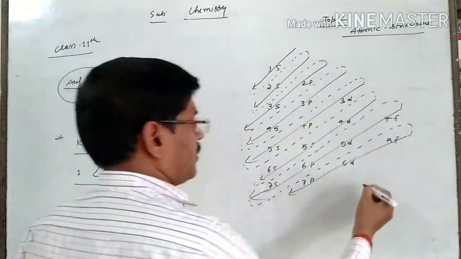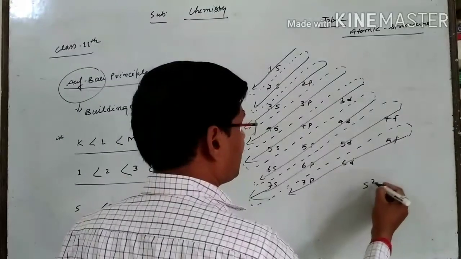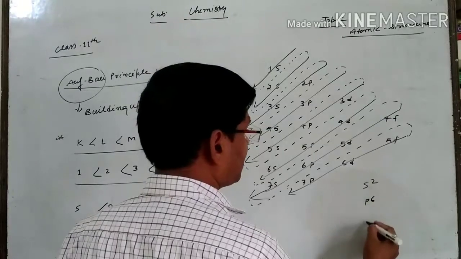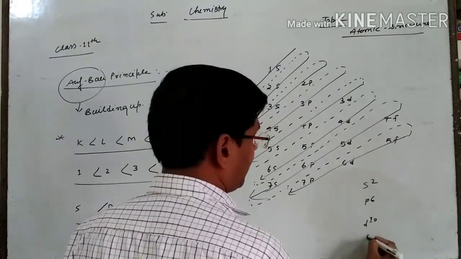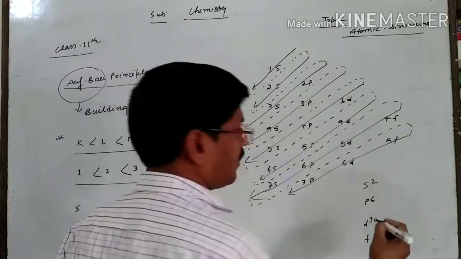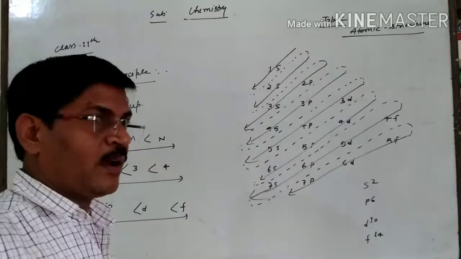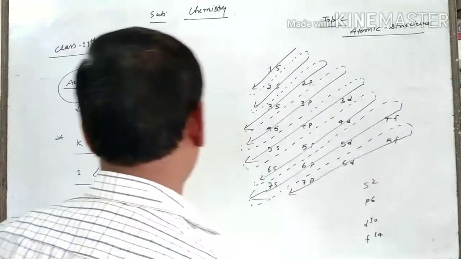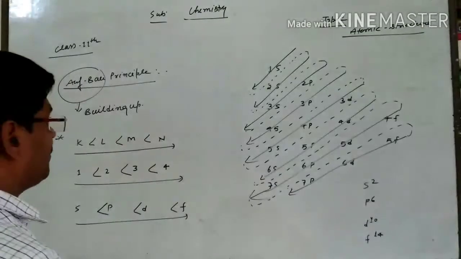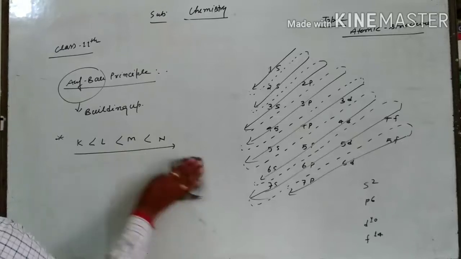One thing more: s has a maximum of 2 electrons, p has 6, d has 10 and f has 14 electrons. Suppose the atomic number of any atom is given, then how do you fill up electrons there?